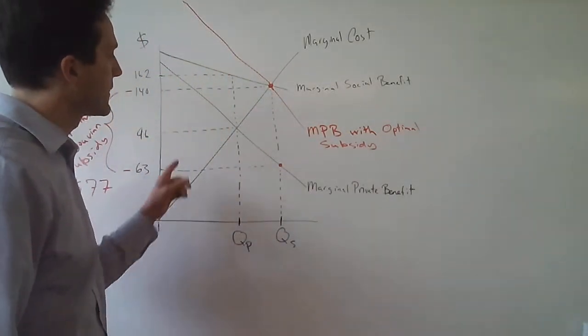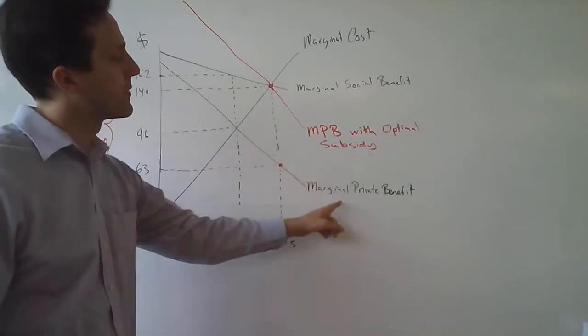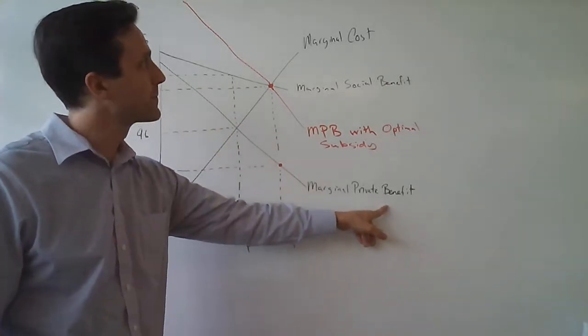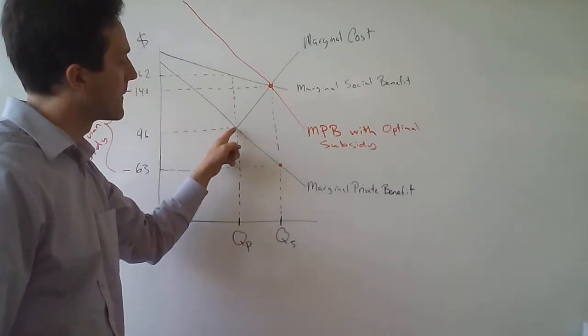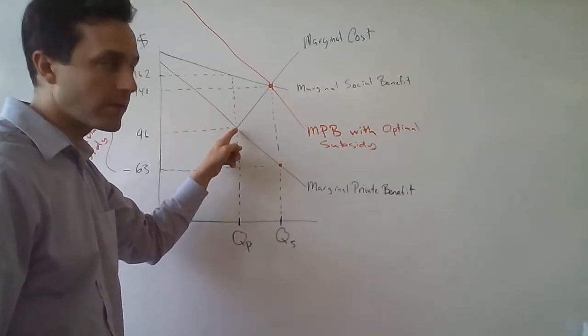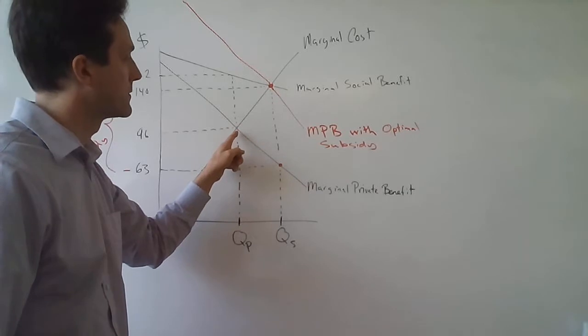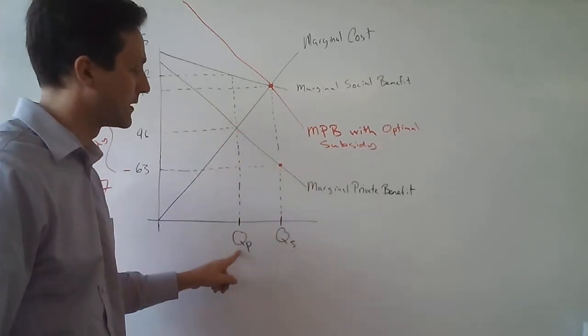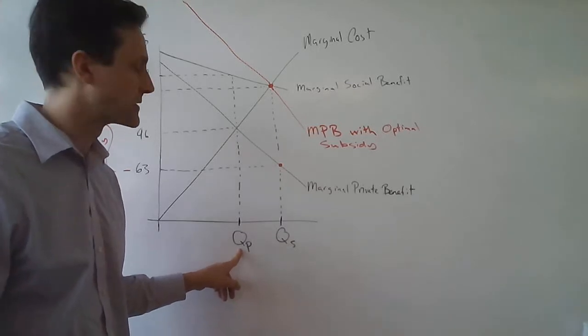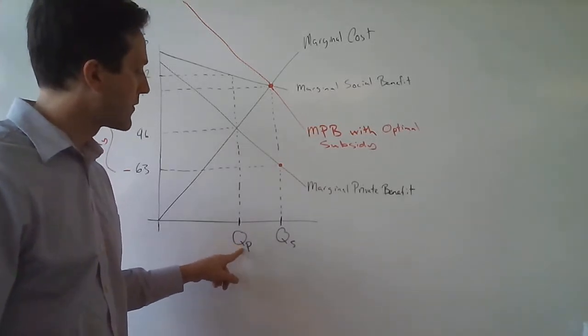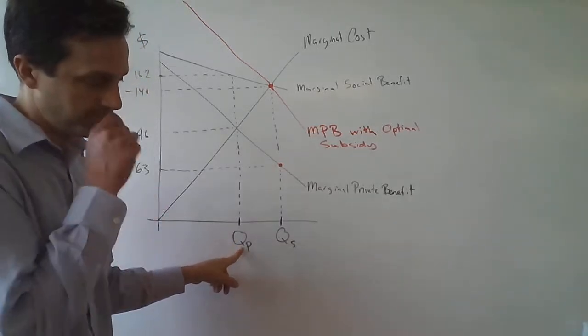So here is the market. We see the marginal private benefit, and here's the marginal cost. That means the privately optimal quantity is going to be QP. With no market interventions, no taxes or subsidies, the level of output would be QP.